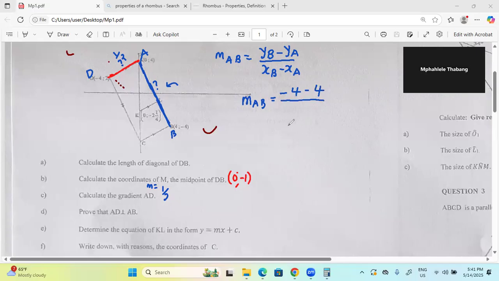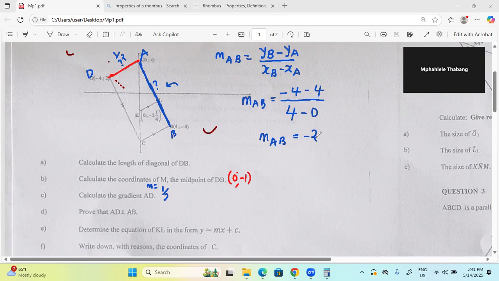Over, what is x at B? 4. What is x at A? 0. So M of AB, it's minus 8 over 4. And minus 8 over 4, it's minus 2. So we know the gradient of AD, it's 1 over 2. We know the gradient of AB, it's minus 2.